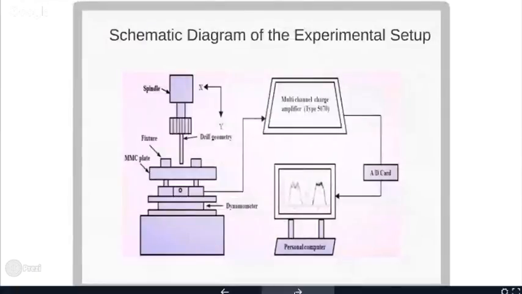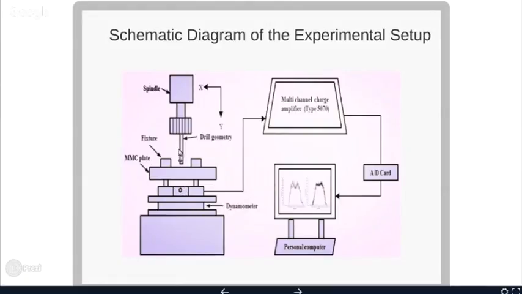So this is a schematic diagram for the experimentation work. We have a drill bit, we have a drilling dynamometer. As the line diagram represents, this is the dynamometer, and this is the metal matrix composite plate, and it is centrally placed on the dynamometer.